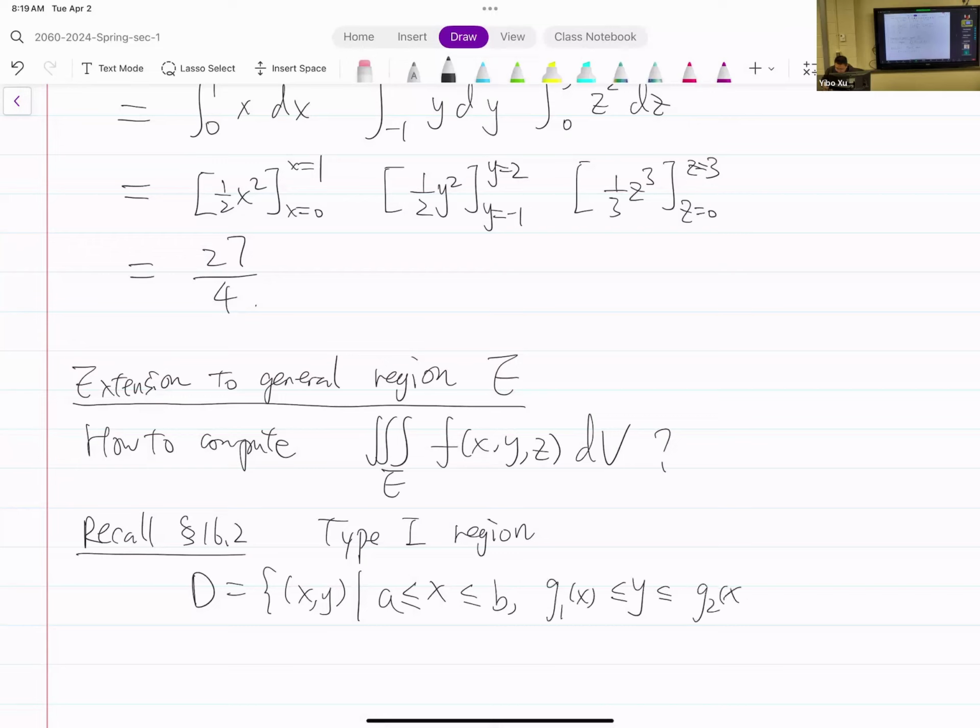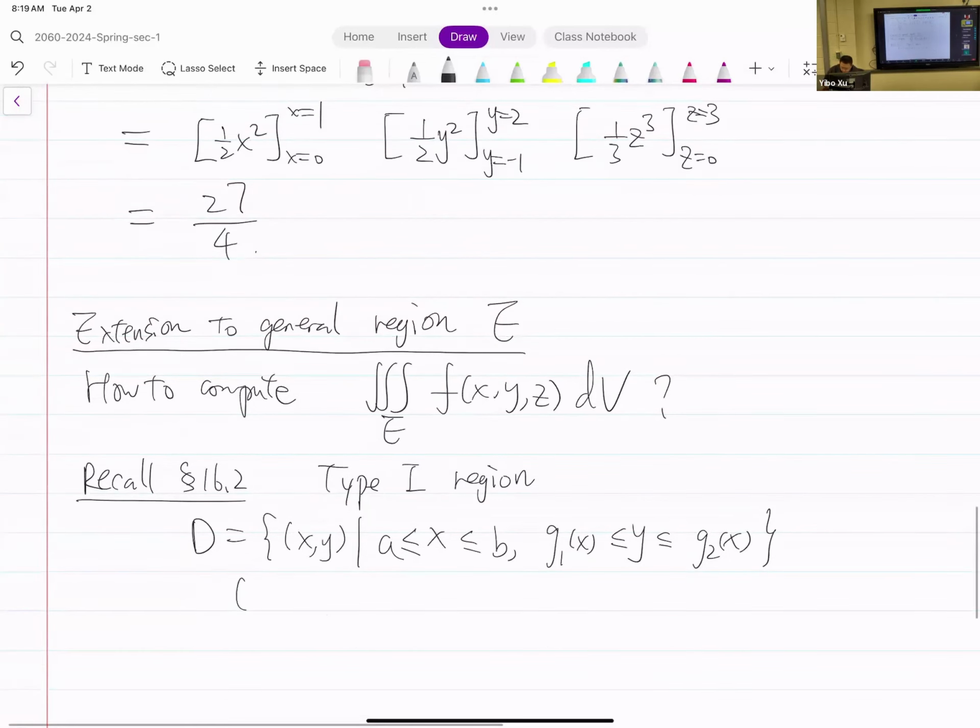Okay. In terms of x. And if you can recall, type 2 region is really similar. Then you just have y cut between 2 constants, and x is defined between 2 functions in terms of y, right?